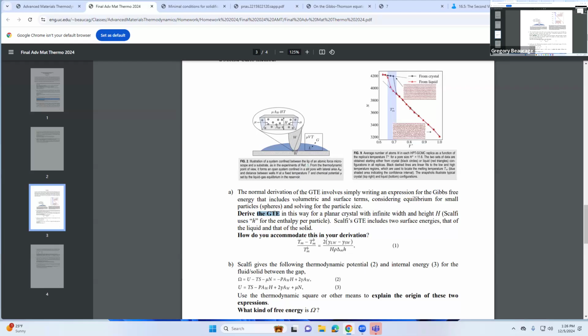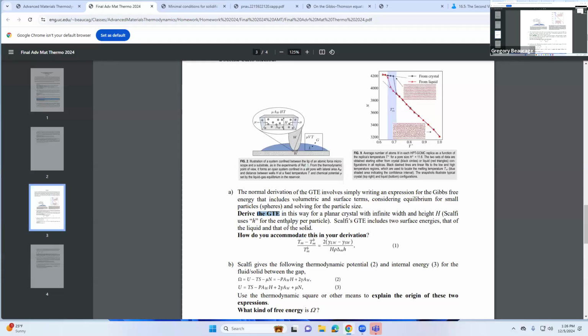You just have TR minus T infinity here. That's the Gibbs-Thompson equation. Right, so this is a quench, and this is the temperature of crystallization. Anyway, that's the Gibbs-Thompson. So he gives that.